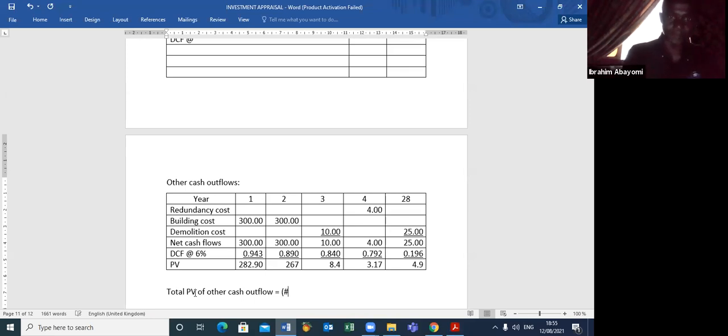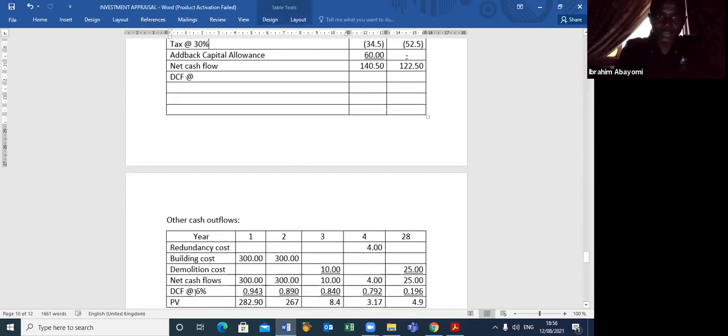So add everything together: 4.9 plus 3.17 plus 8.4 plus 267 plus 282.9. That's 566.37 million. So that's one part of the solution. It's negative.